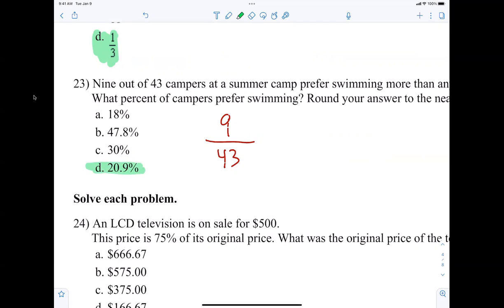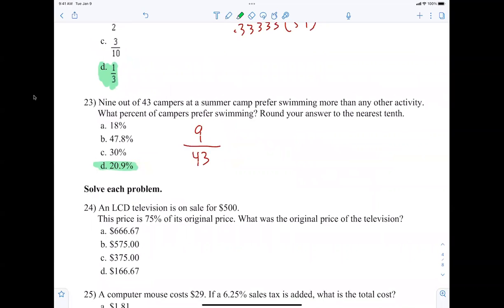Round your answer to the nearest tenth. Oh, listen to what you did. You rounded to the nearest 10.